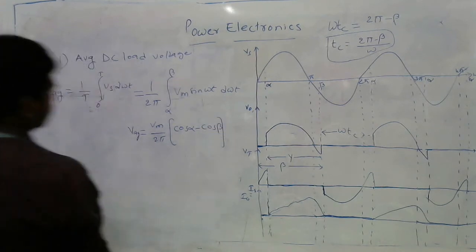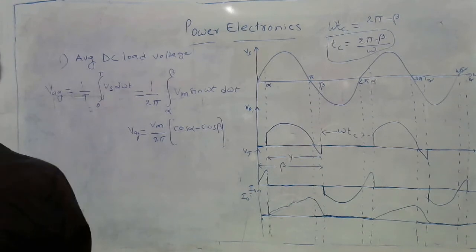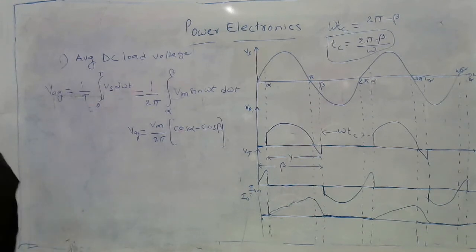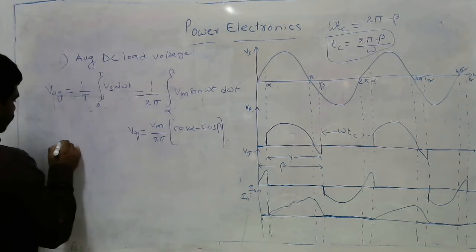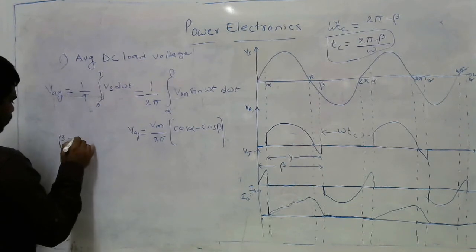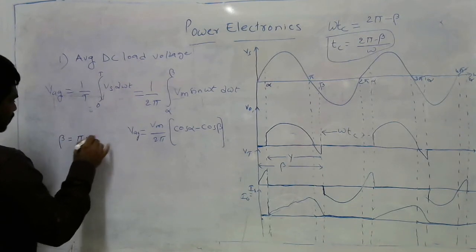This is for discontinuous mode. Now, in this equation, take beta equal to pi plus alpha.